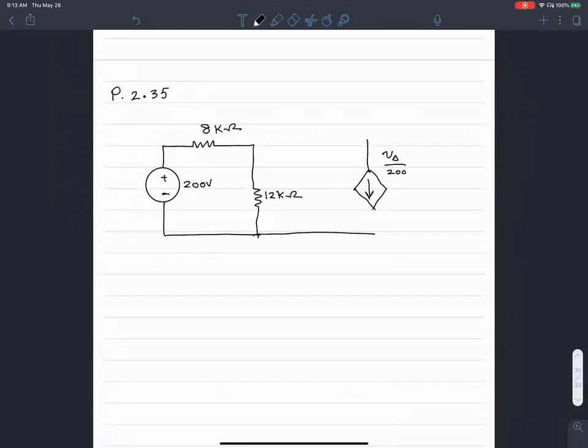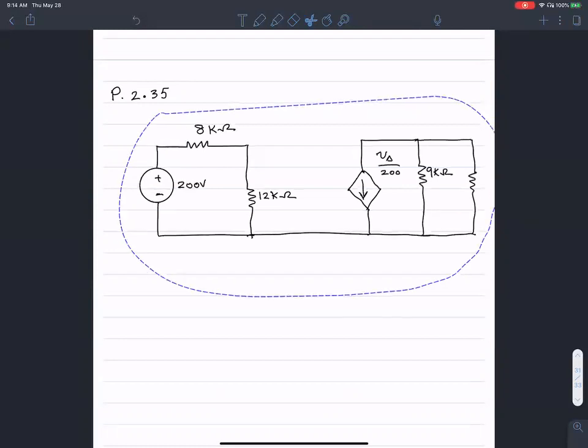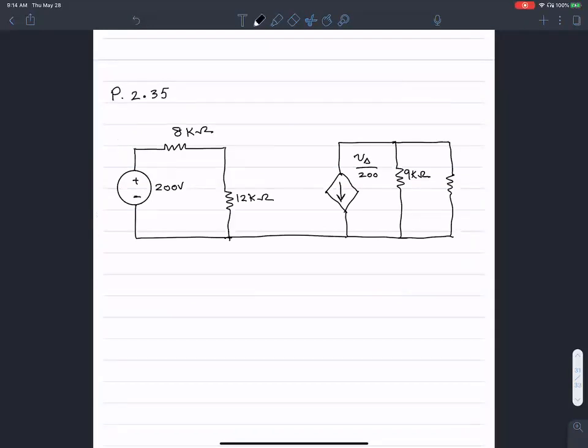Then there is this resistance. It's a slightly different problem here. Then there is another resistance, 3 kilo ohms. I'll give you the values shortly. So this is 9 kilo ohms, and this guy is 3 kilo ohms.